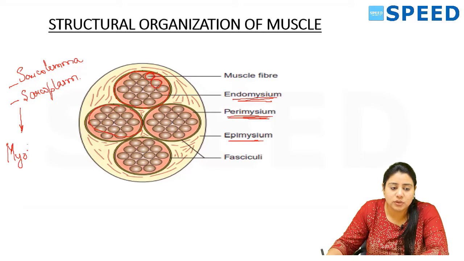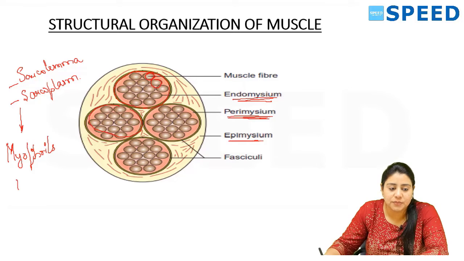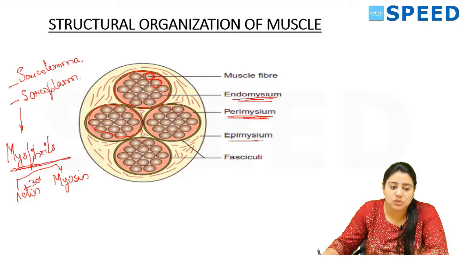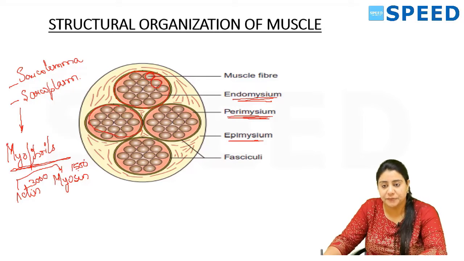We have two different types of myofibrils: actin myofibrils and myosin myofibrils. It is this actin and myosin which are responsible for bringing about muscle contraction. Each myofibril will have around 3000 actin filaments and 1500 myosin filaments.